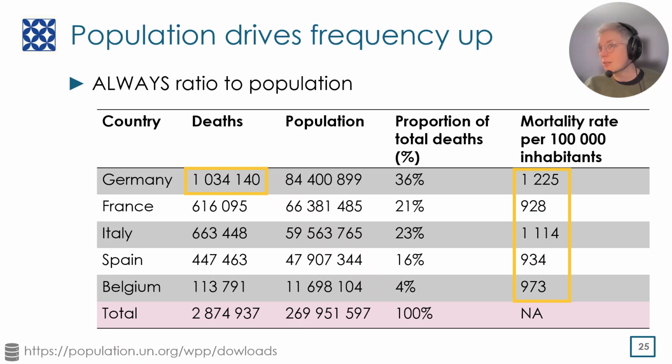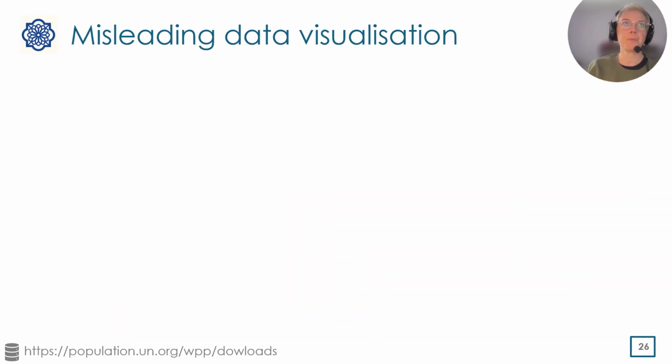There still are some differences, mind you, but you don't have 10 times the death rate in Germany than you have in Belgium here. They're different, but they're not 10 times different. So always, always, always, always ratio to population. And this is one I see so often in conferences like SOFT and TIAFT.